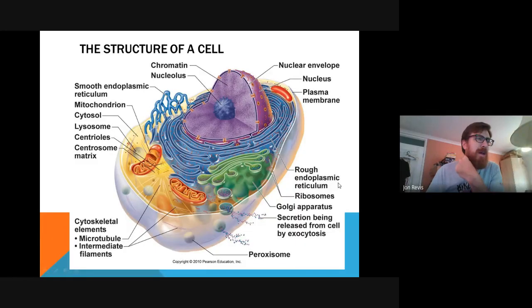We have other apparatus in there, which we'll come on to. And the fact that the membrane is semi-permeable and allows things to come in and out means that these cells are able to affect a change within our bodies. So these are the main components that we will look through.